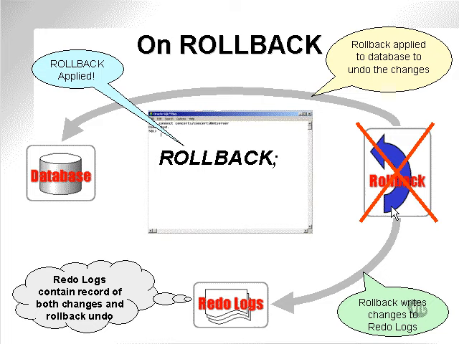Additionally, rollback will actually write the undo changes to the redo logs. So the redo logs, without the commit command executed and with the rollback command executed, will now contain a record of both the initial data changes by the SQL command plus the undo changes from the rollback command.